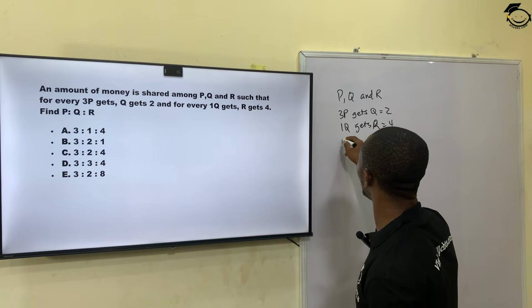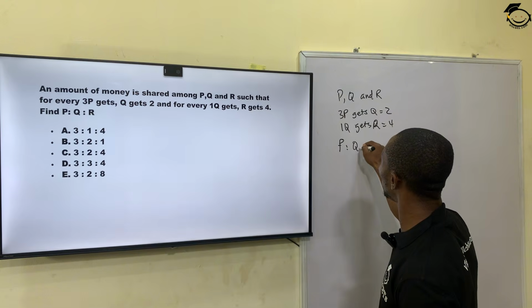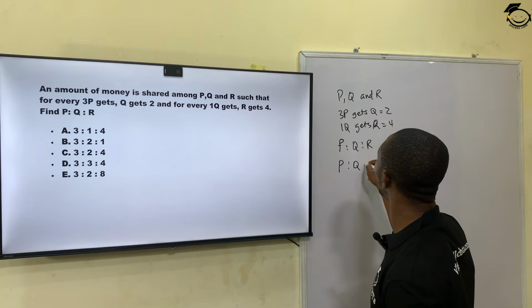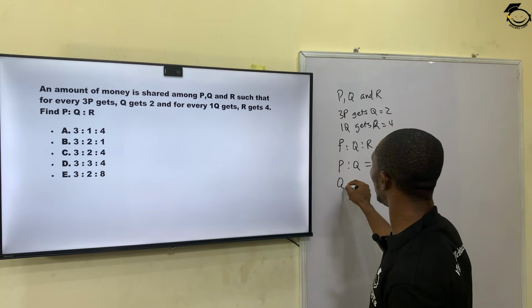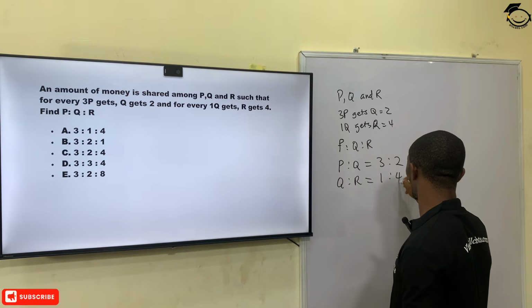Okay, so we should find the ratio of P is to Q is to R. Now, our P is to Q is giving us 3 is to 2, and our Q is to R is giving us 1 is to 4.